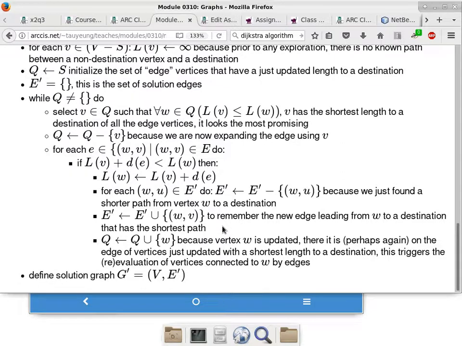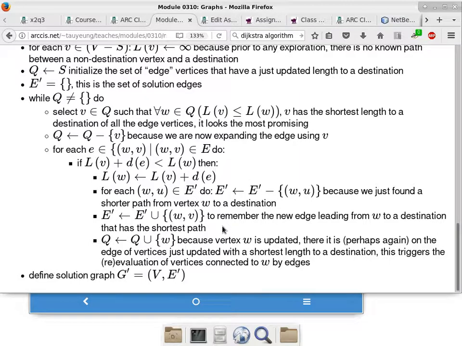I'll say that one more time. When you look at G prime, which is all the vertices that we already have, but E prime, which is all the edges that we put into E prime, the only thing that we put into E prime is through this line here. Okay? And I'm claiming that for every vertex, it can only have up to one outgoing edge represented in E prime. There cannot be two or more.